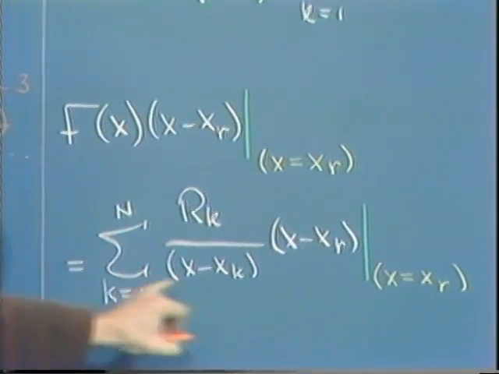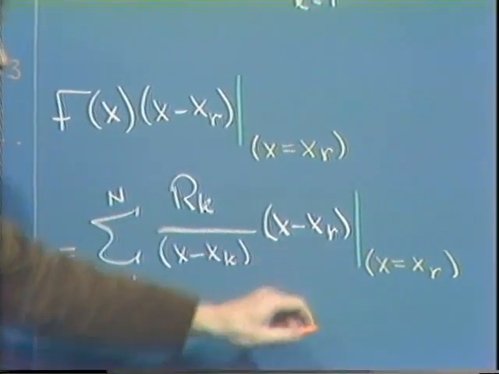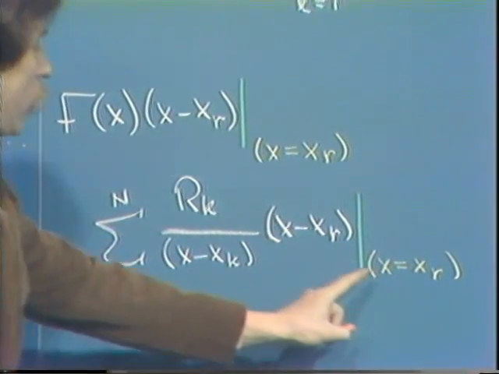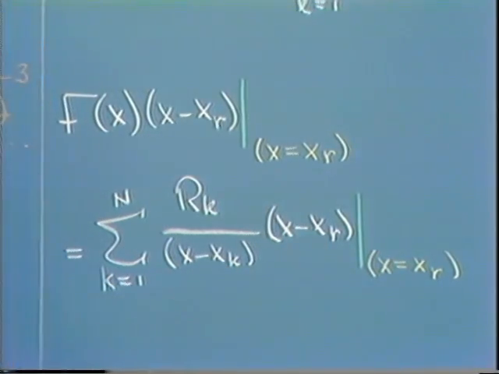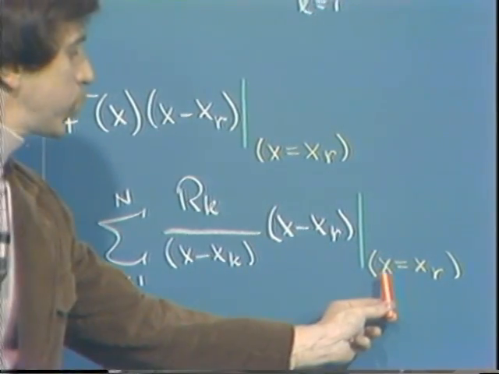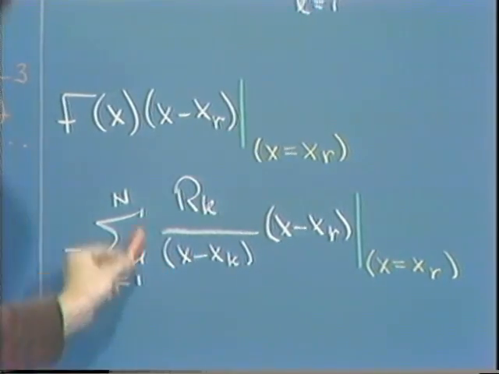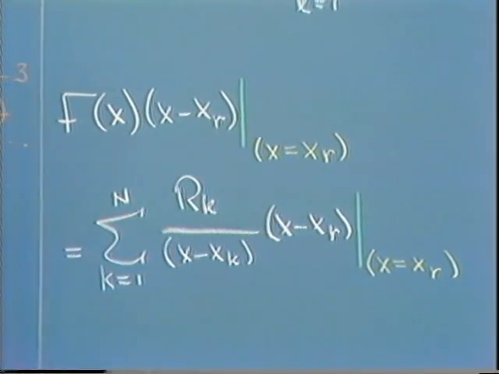when k is equal to r, these two factors cancel out. When k is not equal to r, then when I substitute x equals x sub r in here, this term vanishes.